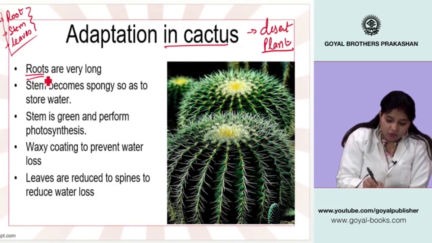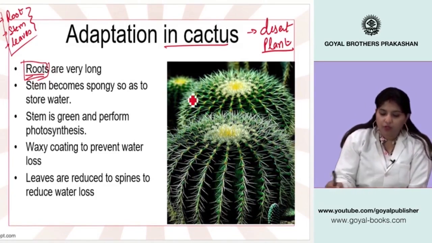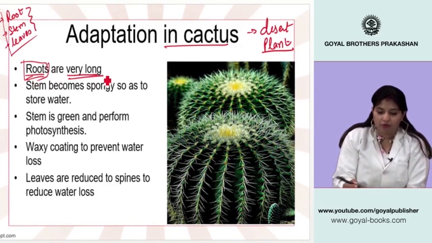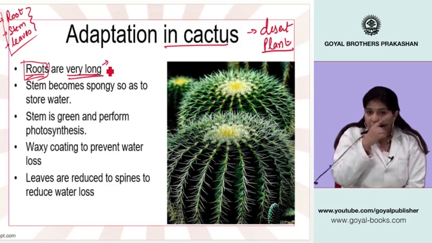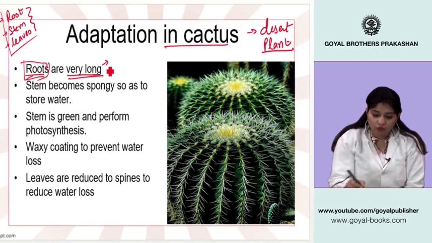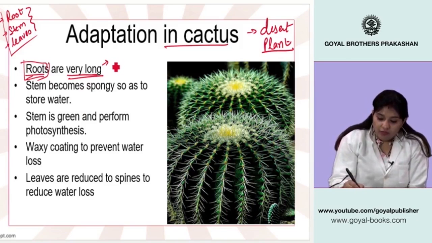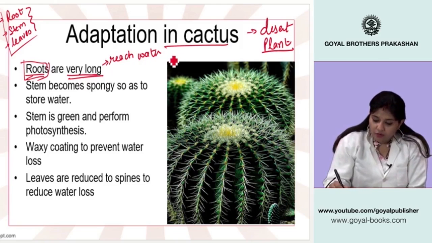So let's start with the roots. Now the roots of this particular plant are very long, right? Why are they very long? Because there is scarcity of water, so these long roots will reach the water that is underground, the water which is deep seated in the ground, right?